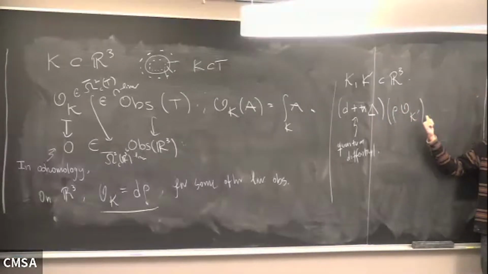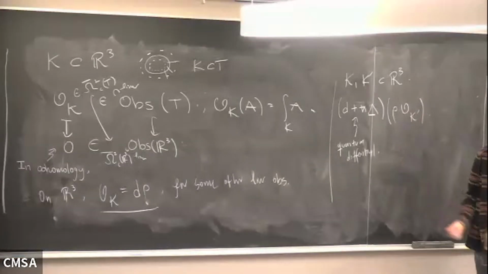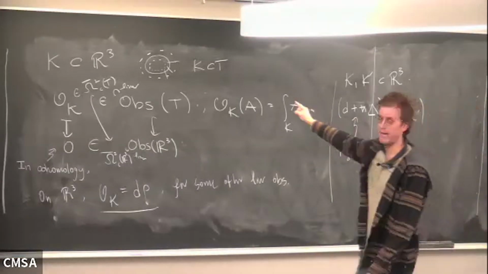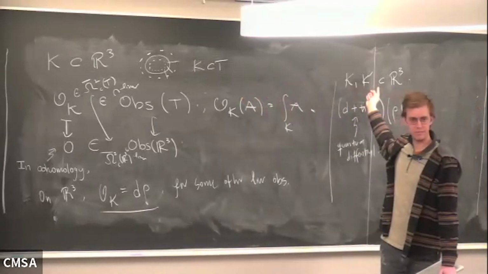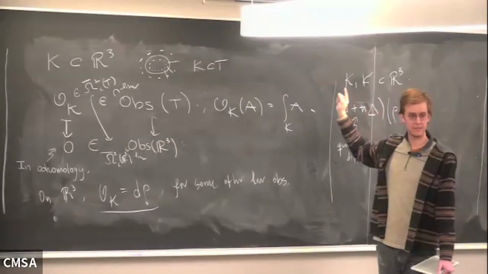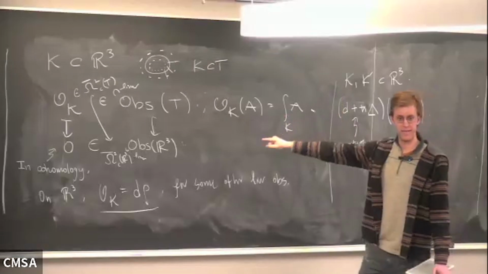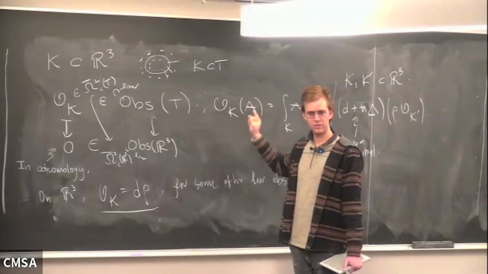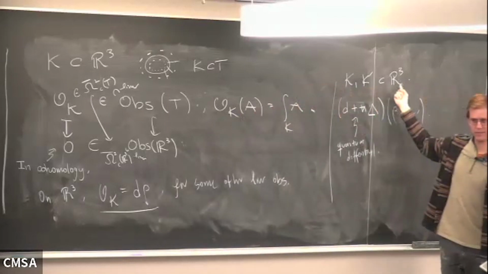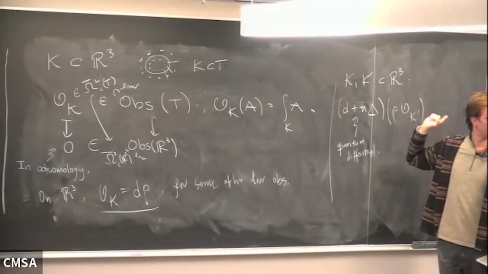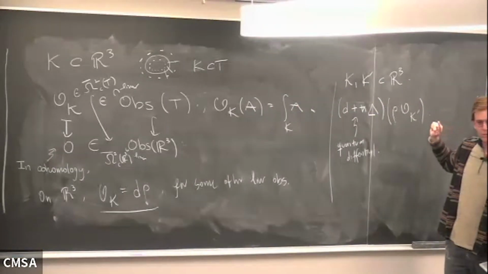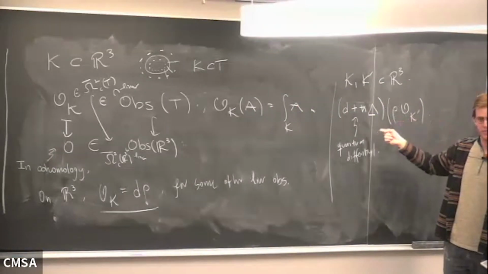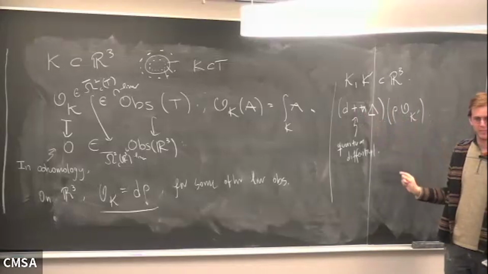So I'm computing it on this specific quadratic observable. K is just a knot in R3. Now what I'm doing is fixing two knots, K and K prime. It still is trivializable, but I want to make a statement just about knots for a minute.